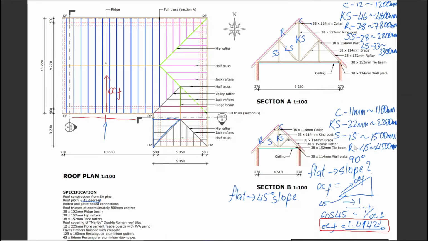This over here is also 1 on flat. I'm boiling everything down to simple units. This runs up a slope, so it's going to apply our X factor, 1.4142.